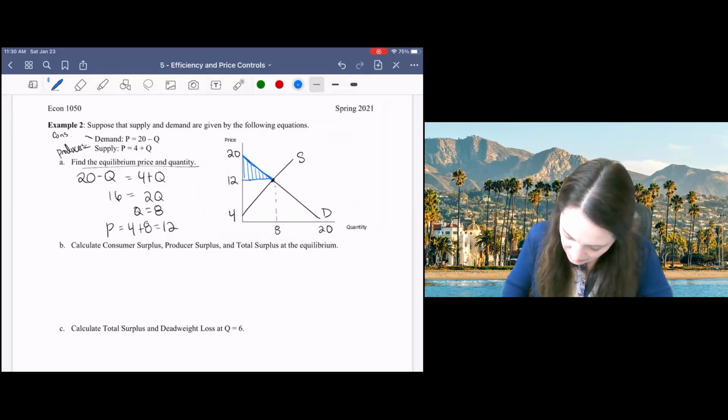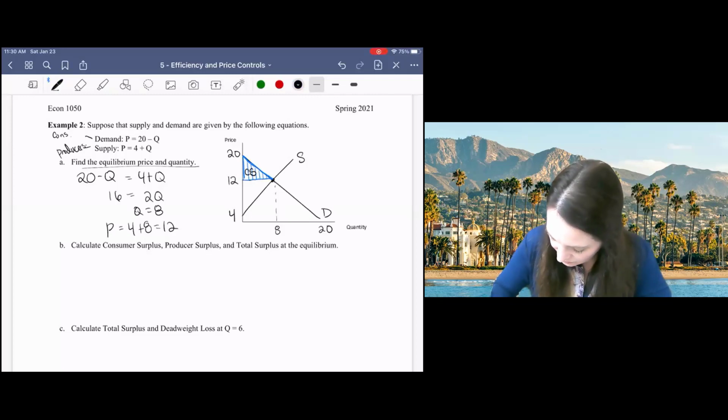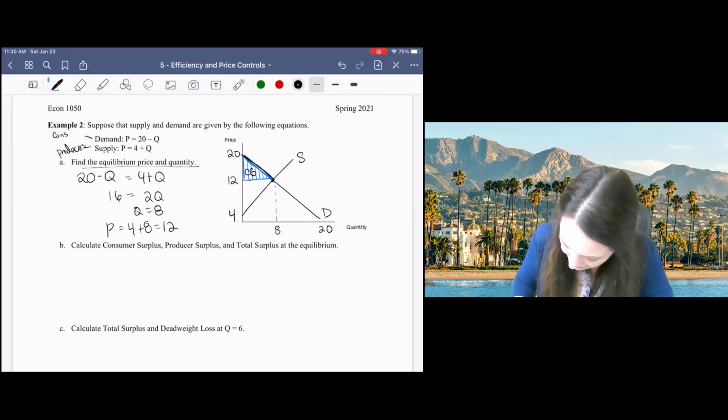So in this continuous example, consumer surplus is the area of the triangle between the demand curve and the price, which shows us, right, the value or happiness to consumers in this market.